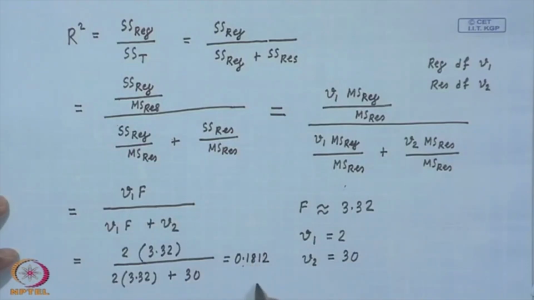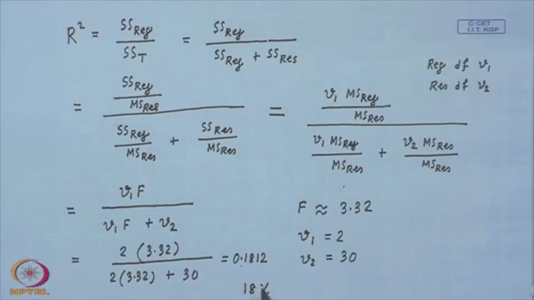That means, you know what R square is. R square is the proportion of variability in y about the mean that is explained by the model. So, you can see here only 18% of total variability has been explained by the model.